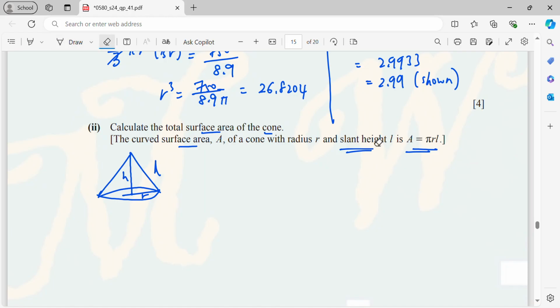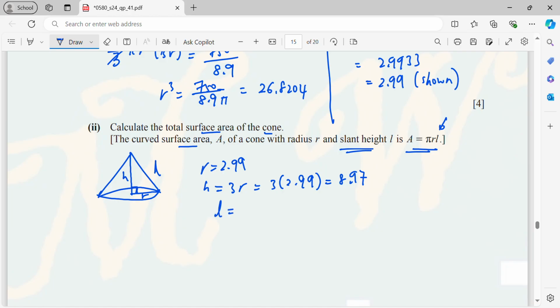So now here we know that you have to plus with the base area as well. So R equals to 2.99, and then our H is 3R just now, so you just times 3 to 2.99. That will be 8.97. So now after you have found the H, we have to find the L because the formula has L. So use the Pythagoras theorem, right?